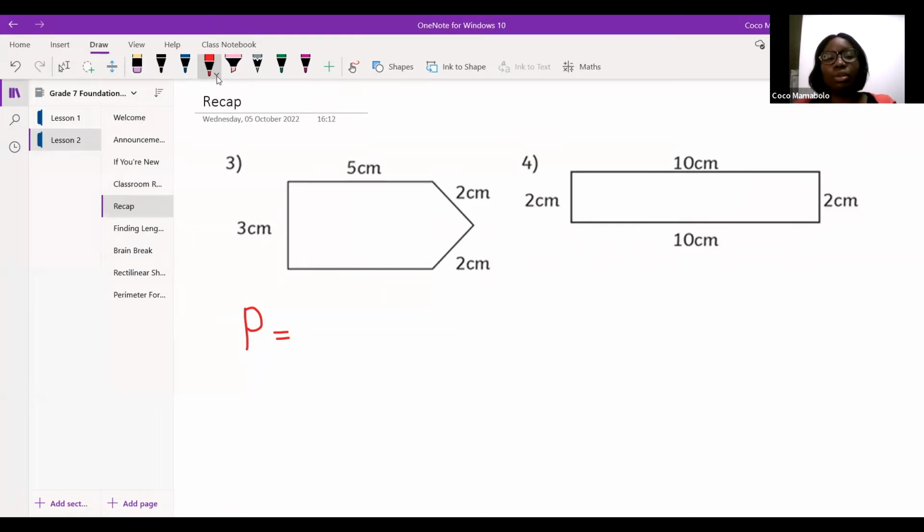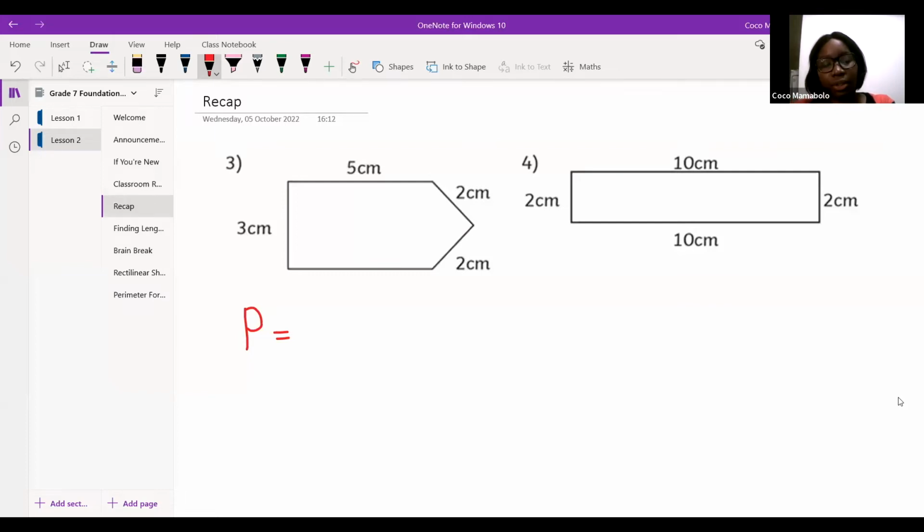Okay, who can help us out? Who can help me calculate the perimeter for number 3? Thank you, Sila. I see it. Lungomso, do you want to take us through it? Yes, ma'am. Tell me, what am I going to write?